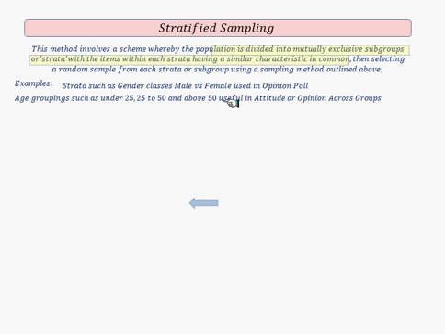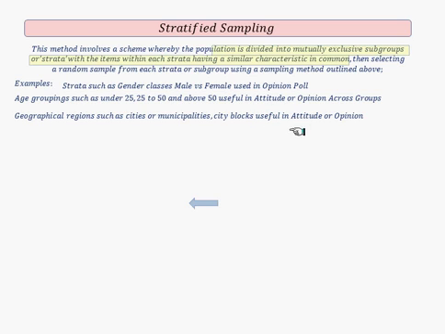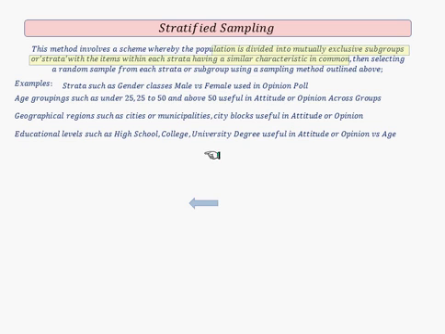The attitudes may differ here, especially if it involves same-sex marriage or attitude towards drugs or whatever. Geographical regions, across cities or municipalities, where attitude or opinion might change. Education levels, high school, college, university, where attitudes might differ according to these different strata.